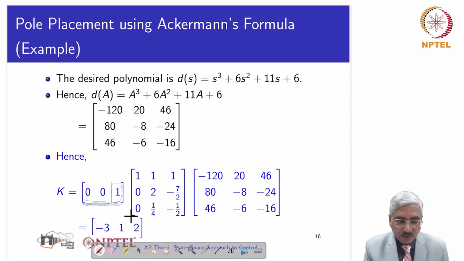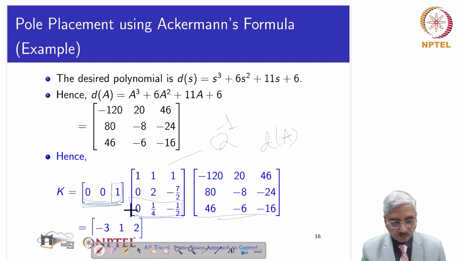So that into this is Q inverse, and this is dA. This is the row vector that selects the last row of Q inverse.